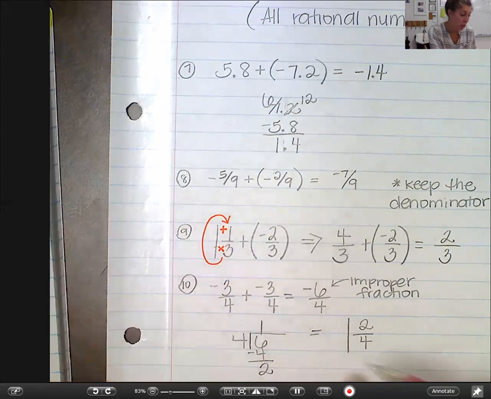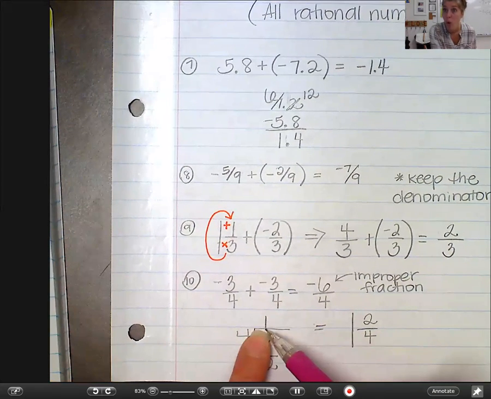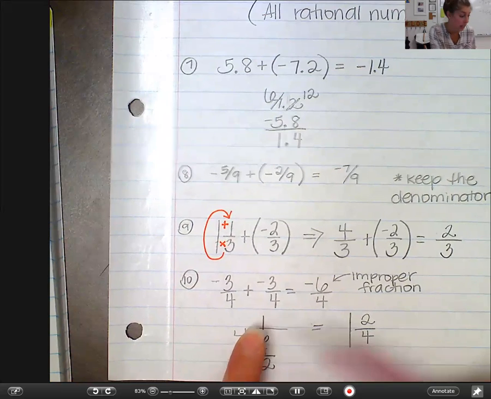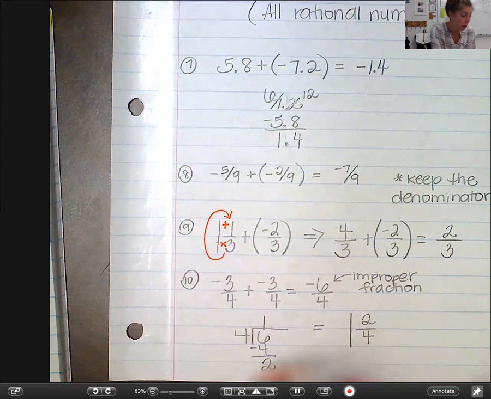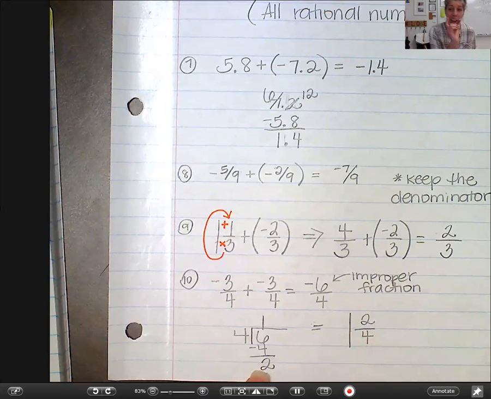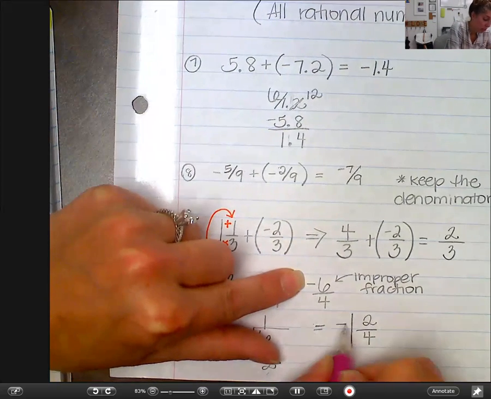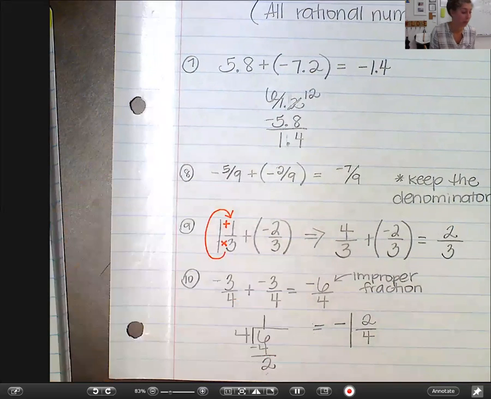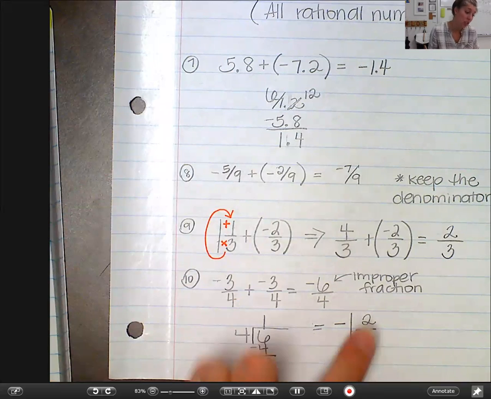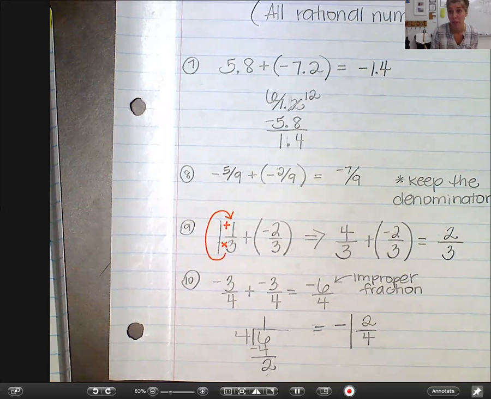So again, the whole number 1 came from the whole 4 that fit into that 6. The 2 came from the leftover. And then I almost forgot, it was a negative improper fraction. So it's a negative mixed number too. And we're still not done because 2 fourths can be simplified.